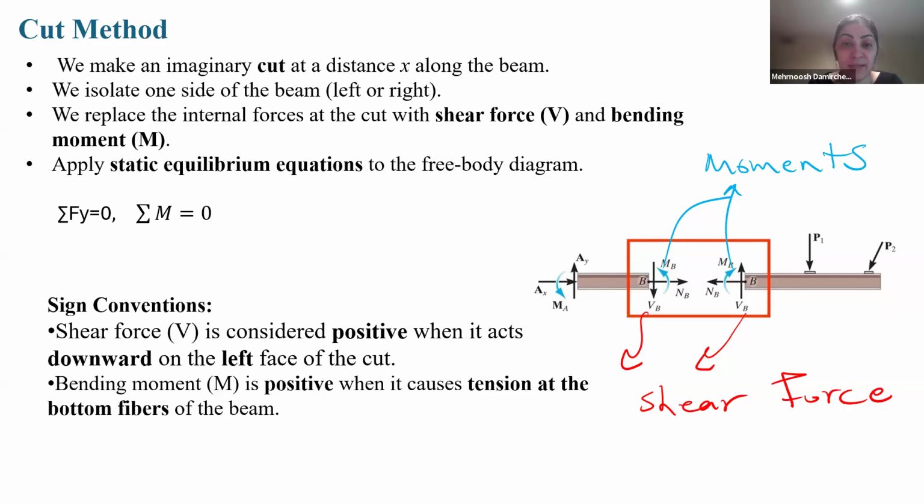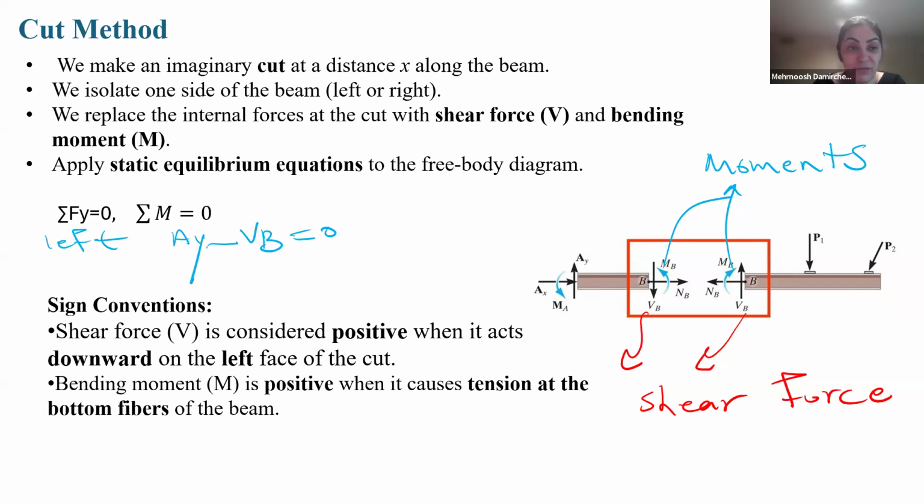We then apply static equilibrium. What is static equilibrium? It means the summation of forces in Y. For example, if we consider the left side, which forces apply? A_Y upward, positive, and the next one, minus V_B, equals 0.